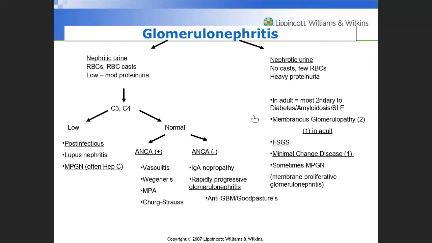So those are the four that you should generally think of when you think of nephrotic syndrome. That's easy. We'll finish with this column, if you will.